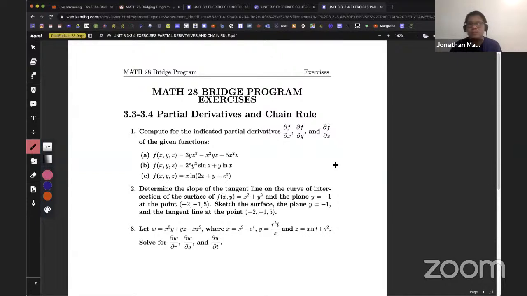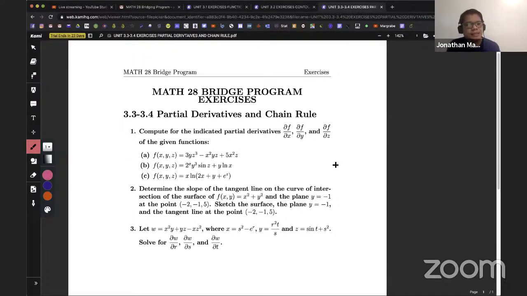Okay. Number 2 is just a word problem. So this is just a geometric interpretation of partial derivative. Number 3 is about chain rule. Okay? So, answer lang tayo ng isang problem with item number 1, getting the partial derivative.